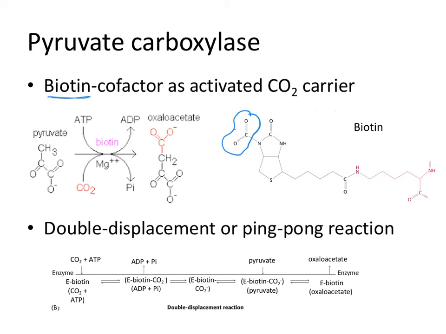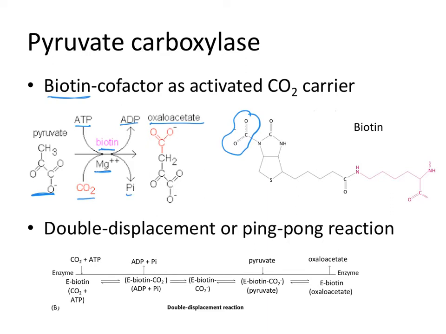Let's look first at the top here. We've got pyruvate as well as ATP and CO2 as our substrates. Our biotin cofactor, as well as a magnesium ion, are important for pyruvate carboxylase to work. Ultimately, we end up with oxaloacetate, as well as ADP and Pi leaving.